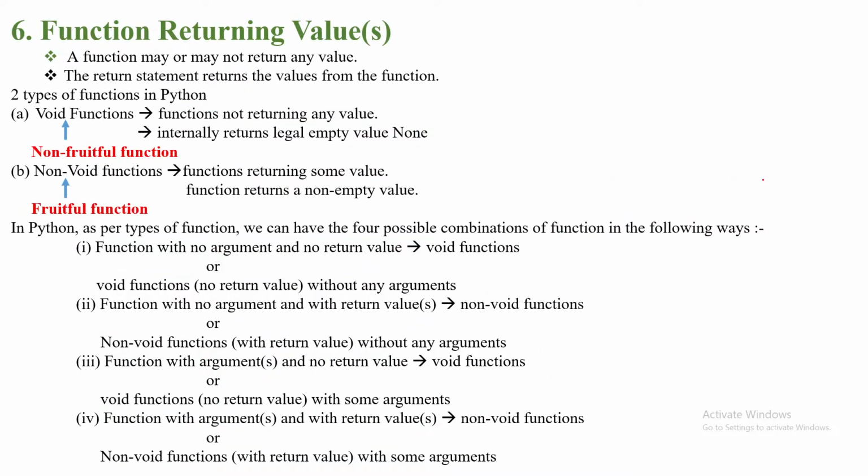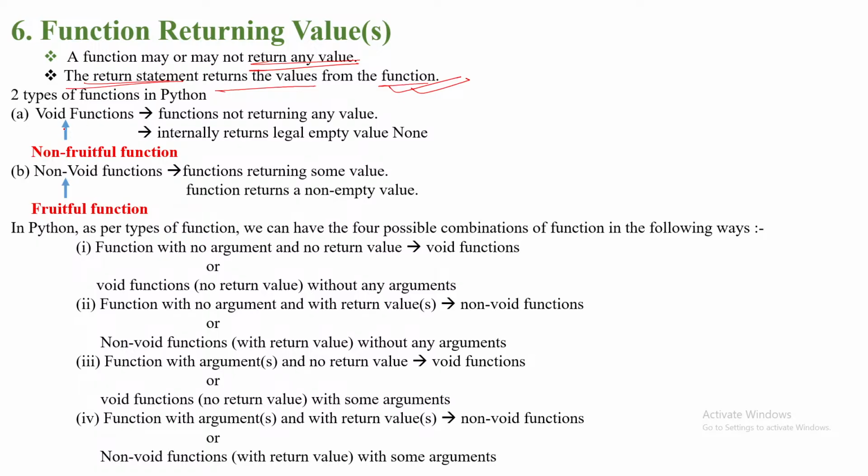Now function returning value. How to return the value? Okay, so a function may or may not return any value. Yes, sometimes it returns a value, sometimes it does not. The return statement returns the value from the function. Whenever we call the function, at that time it will return the values, from where?